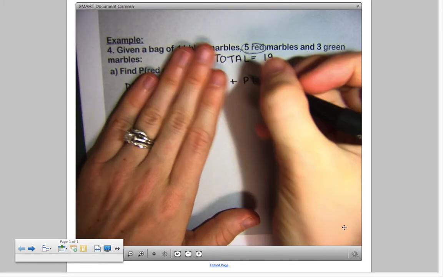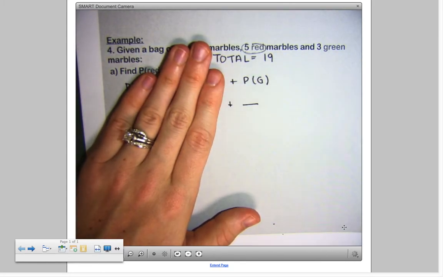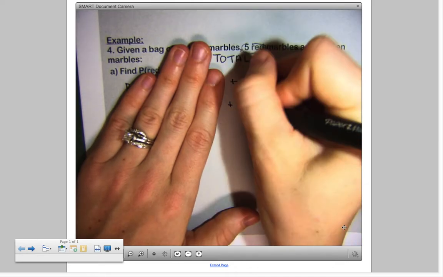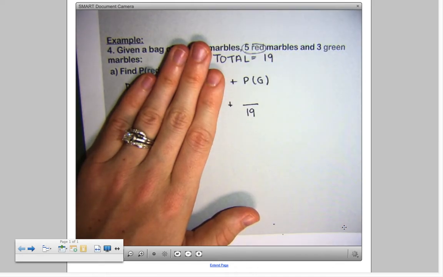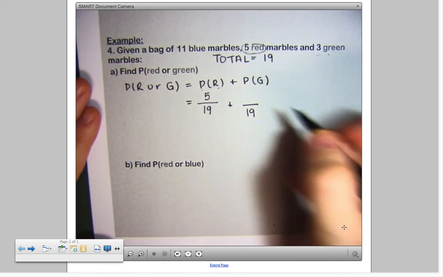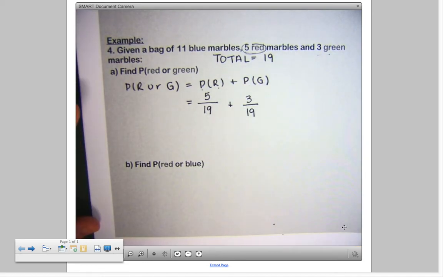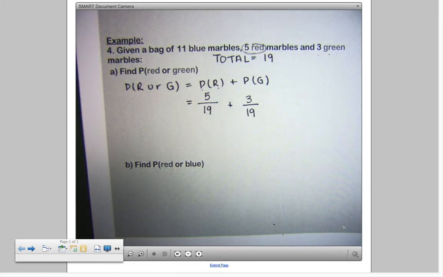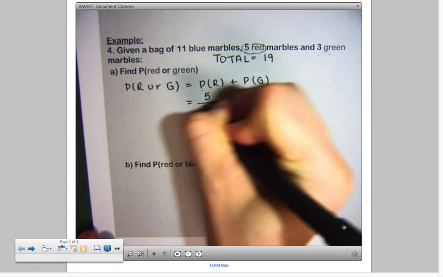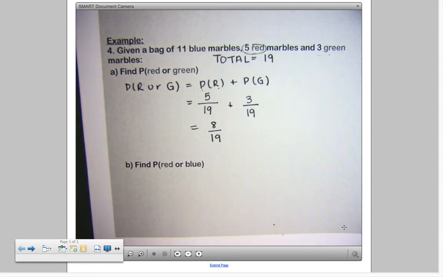So we just did red, so now let's ignore red and look at green. Okay, so we still have 19 marbles total. If we come up here, there's only 3 green, so 3 out of 19. And make sure you don't get it confused with the replacement ones. So the only time you change your denominators is if it says there was no replacement. These are 2 separate events. Okay. Add those together, we should get 8 out of 19 for the probability.